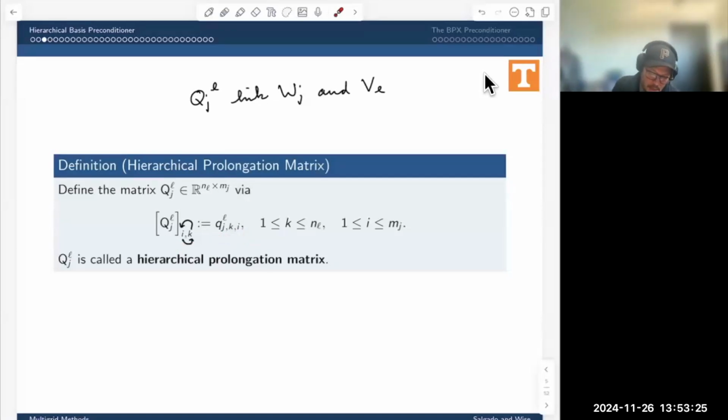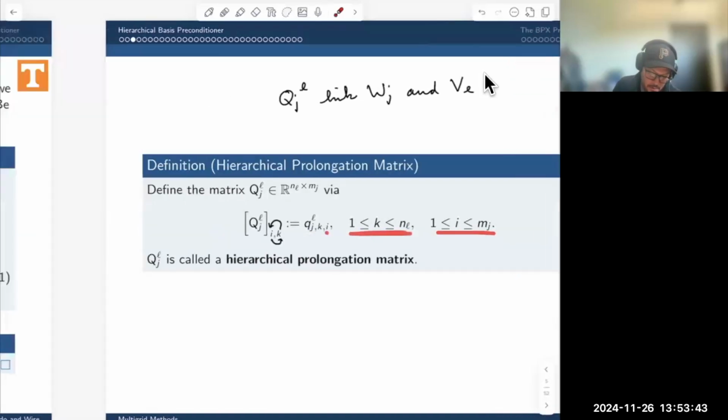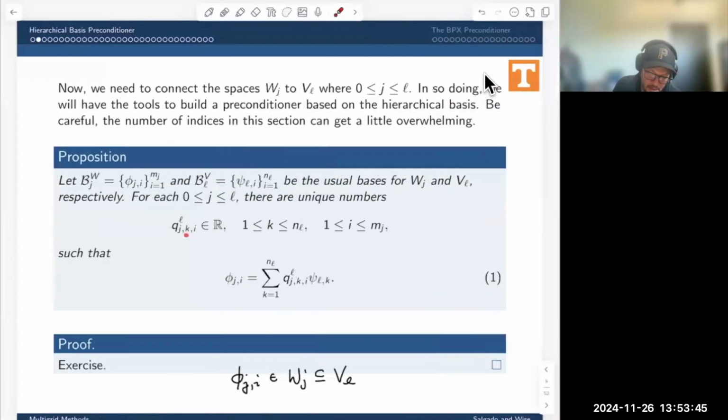Let's go back and make sure those numbers jibe with what I had previously. This number K, the middle number here, should have NL possibilities, or come from this set, and this last one should have fewer. So K, I, fewer.